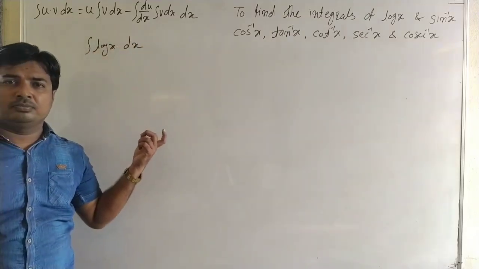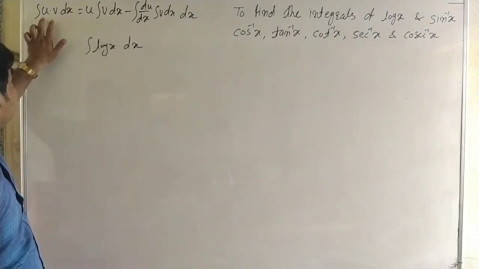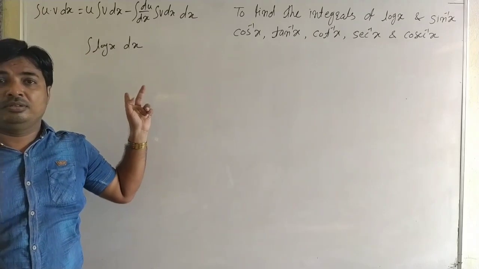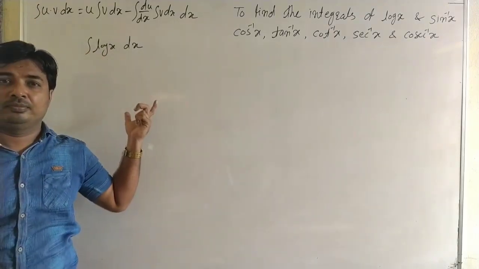We use integration by parts here, but in integration by parts there is a product of two functions, u and v, whereas here there is only one single function.